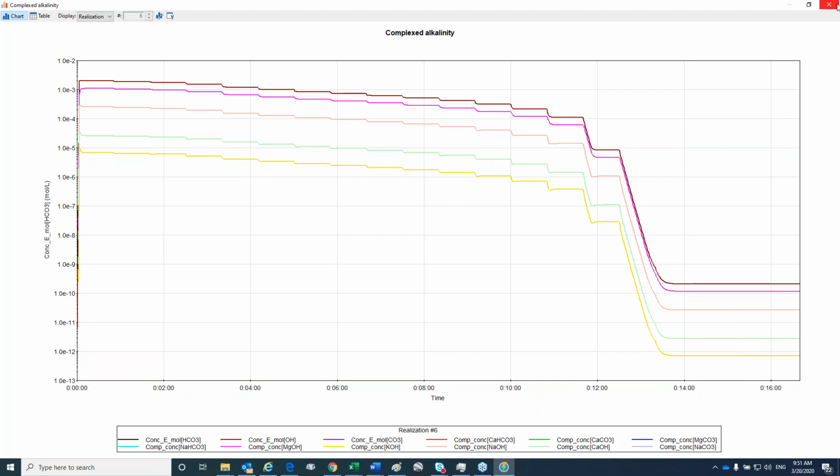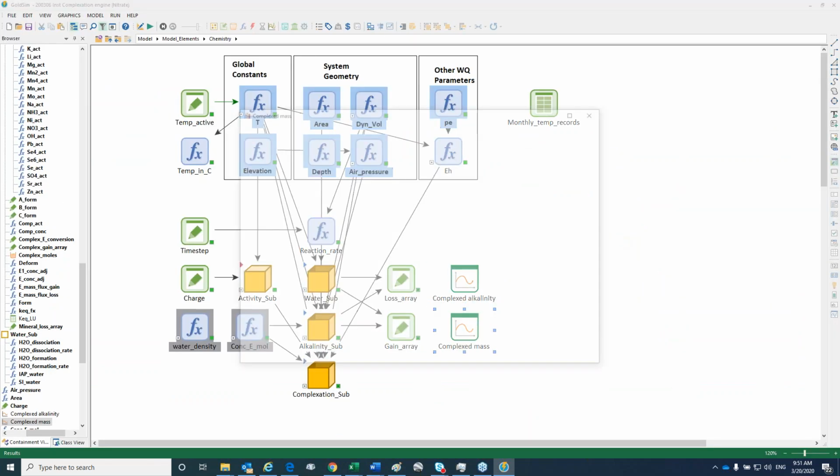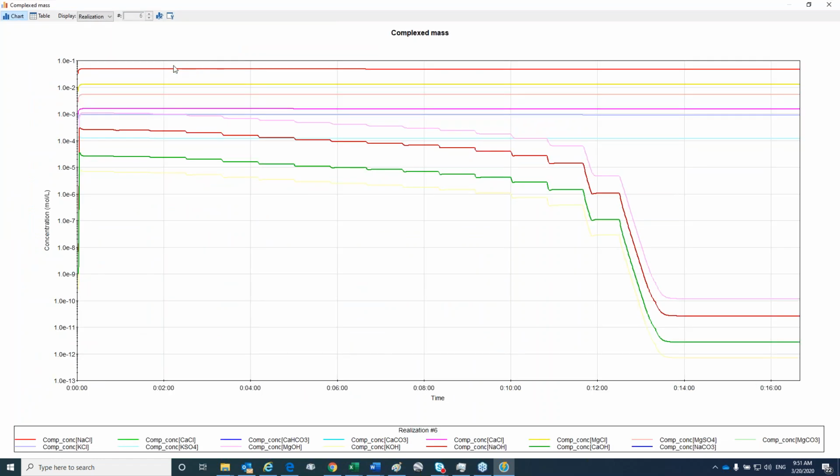Now, this was the complex alkalinity, but I also want to show some other complex species we can look at, and this one's pretty interesting as well. Here we can see that the top, likely the most energetically favorable species, is sodium chloride. We think of sodium chloride as a salt composed of a strong acid and strong base, and that's fair.